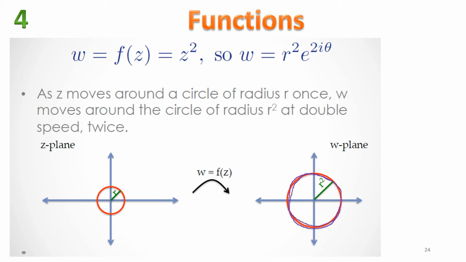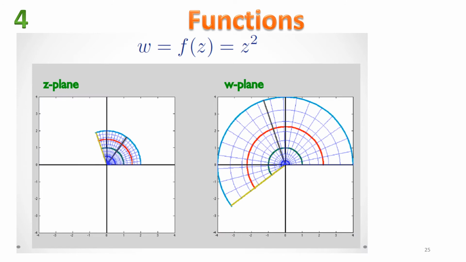This is the result of the functional operation f on z that makes a complex number w, and here we are in the w plane. Now if your argument has some angular variation a little above 90 degrees in the z plane, then in the w plane it will be more than 180.